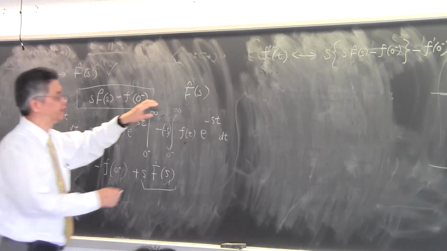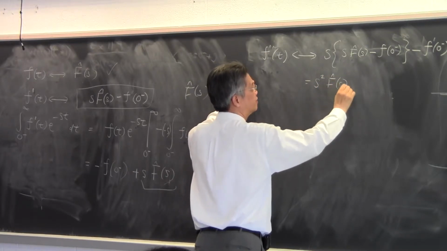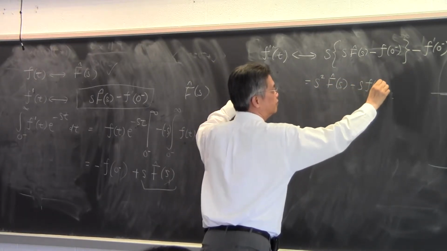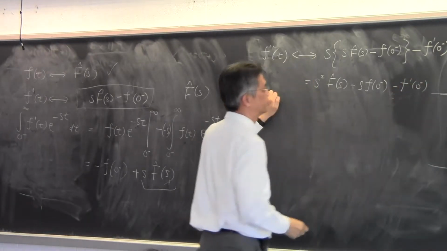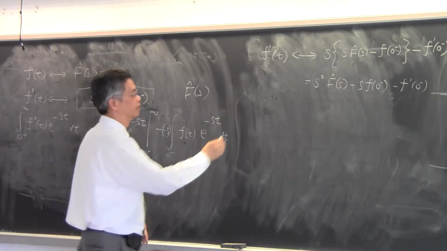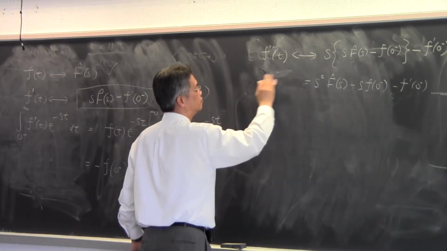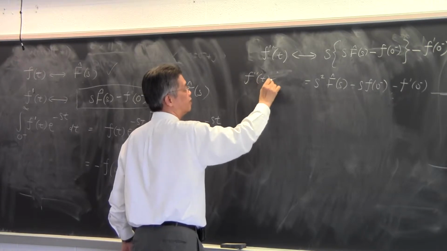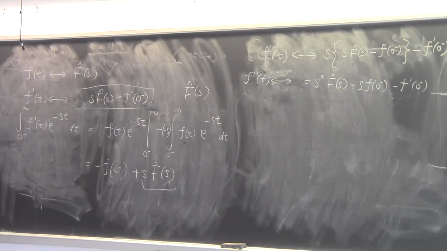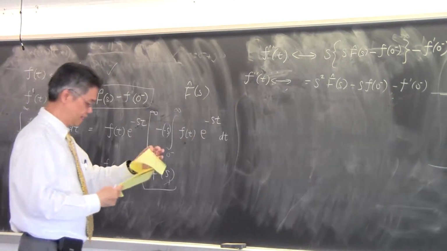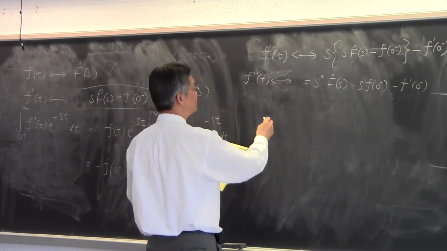So if you apply this rule once, you get s squared f hat of s minus s f of 0 minus f prime of 0 minus. This is f double prime of t, Laplace transformed. So the general rule is that if you have the n-th derivative, then you know what to do.